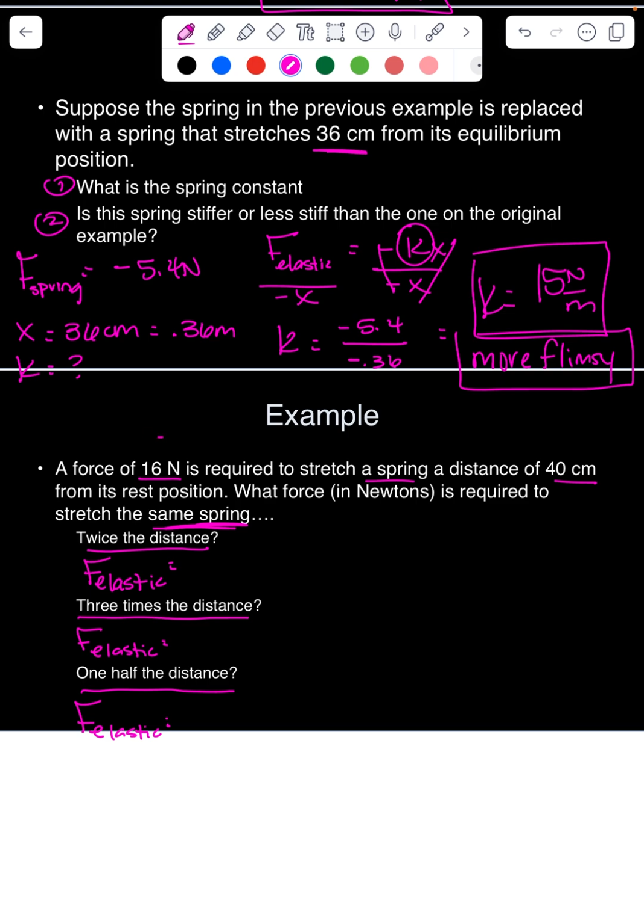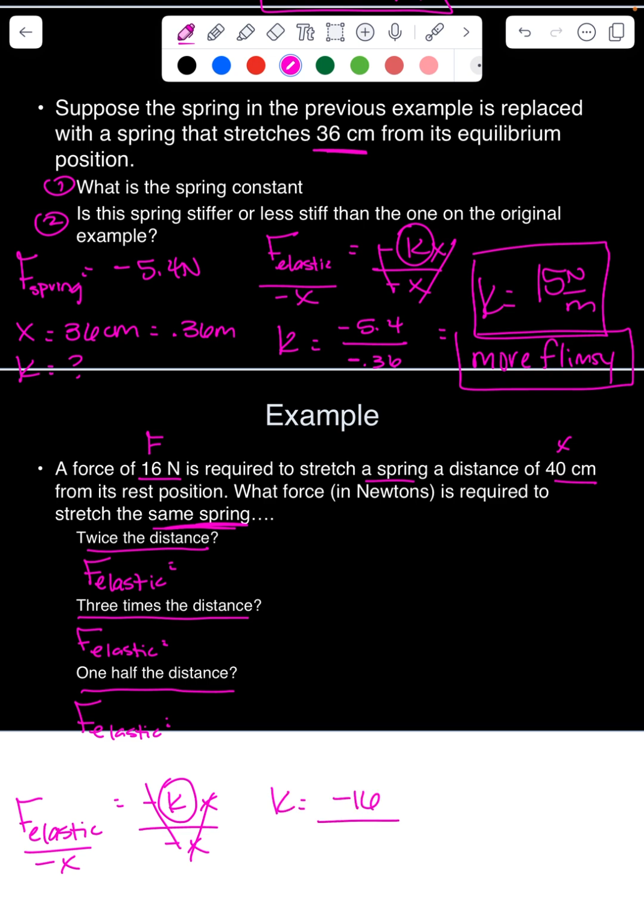All right, so I told you that this was the force that was required, and this was the distance it was stretched. So we know that the elastic force is equal to negative kx. K is what we're solving for. We divide both sides by negative x. So K is equal to negative 16.